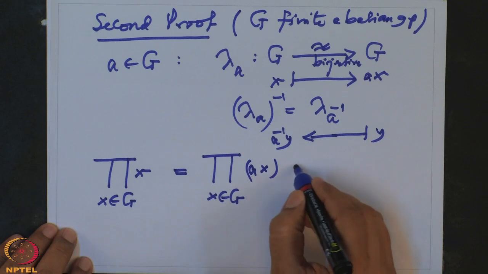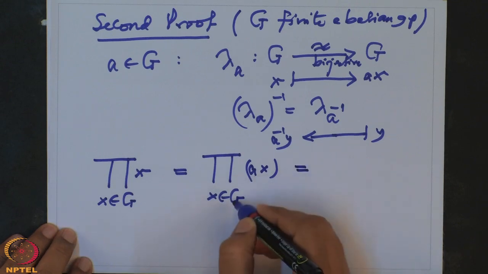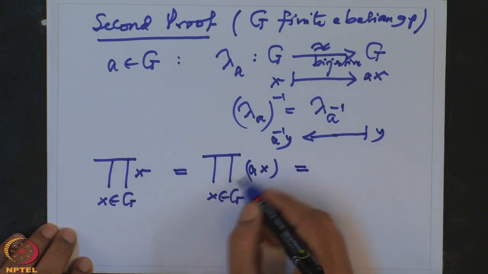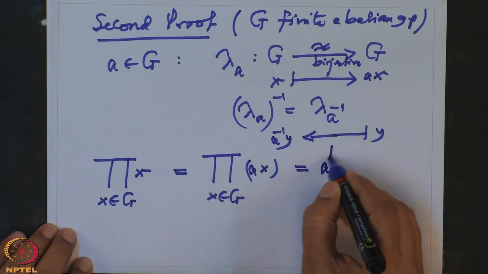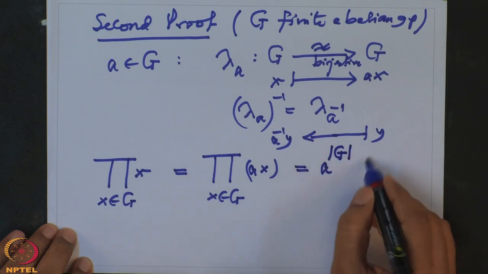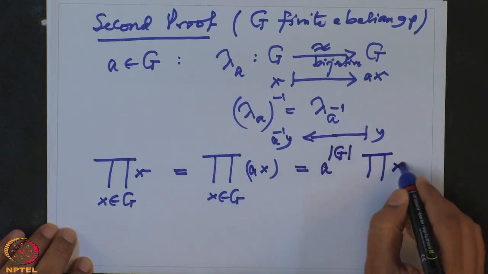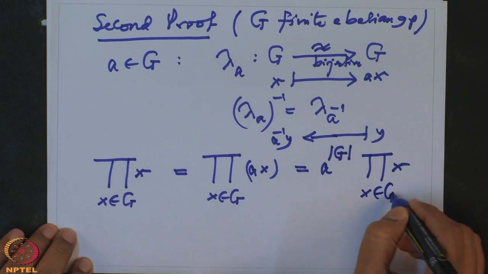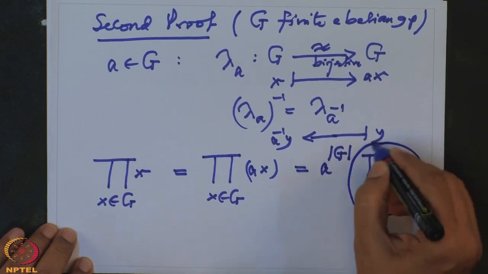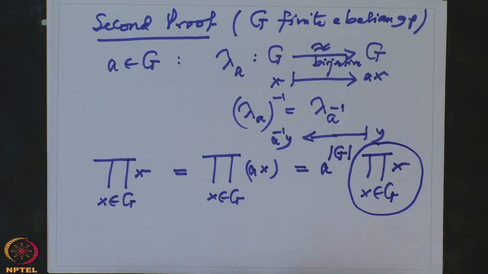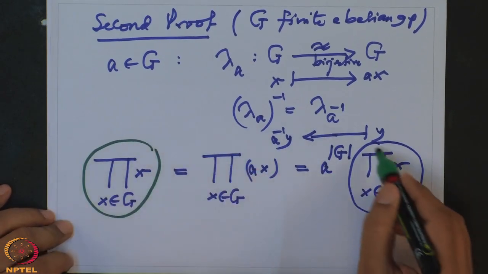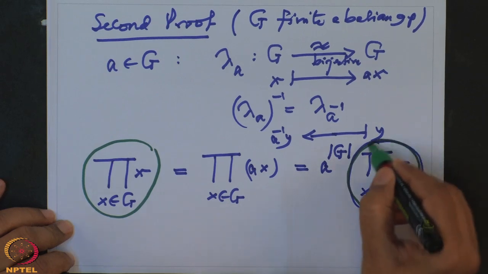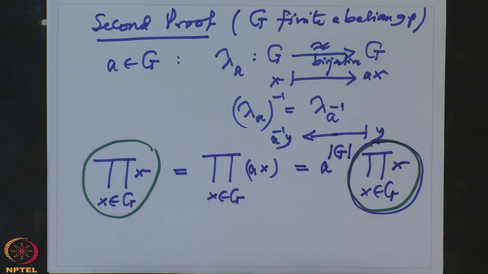And because G is an abelian group, this A is coming as many times as the order of G. So this is A to the power order of G times the product over x in G. But you see this element and this element, they are the same, and they are elements in a group, so I can cancel it.